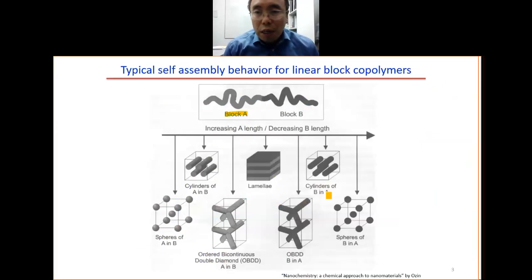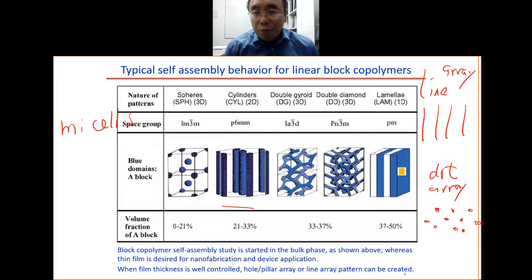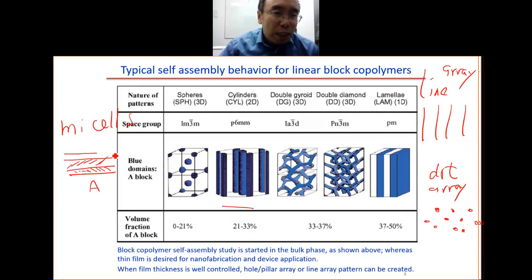So how about this example here? We have something similar. If the substrate wets A, then you first get layer A, then layer B, and then layer A again, then layer B. Something like this.